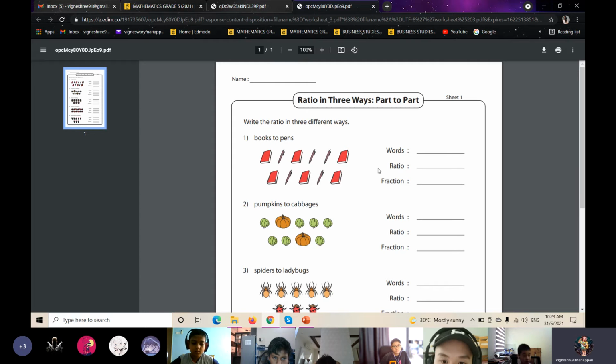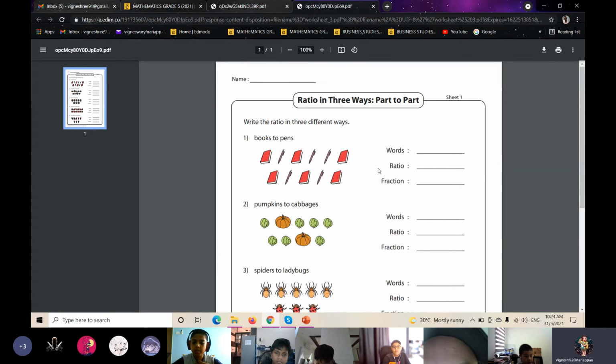Fraction form, you should have the numerator and also the denominator. Okay, who wants to try question number 1? The ratio books to pens. Volunteer. Teacher, the word 6 to 5.